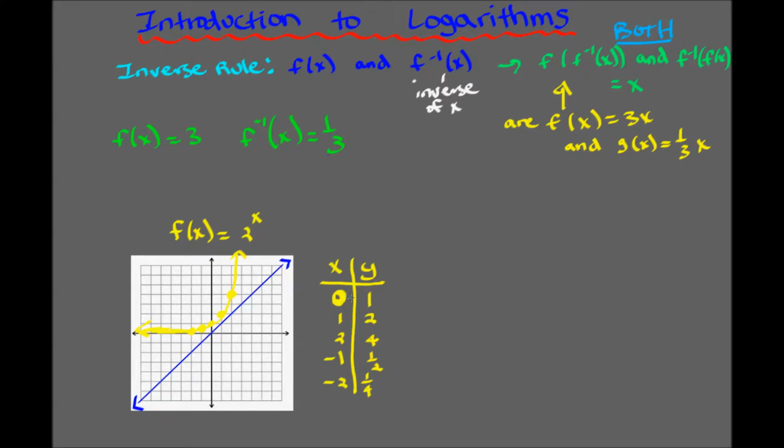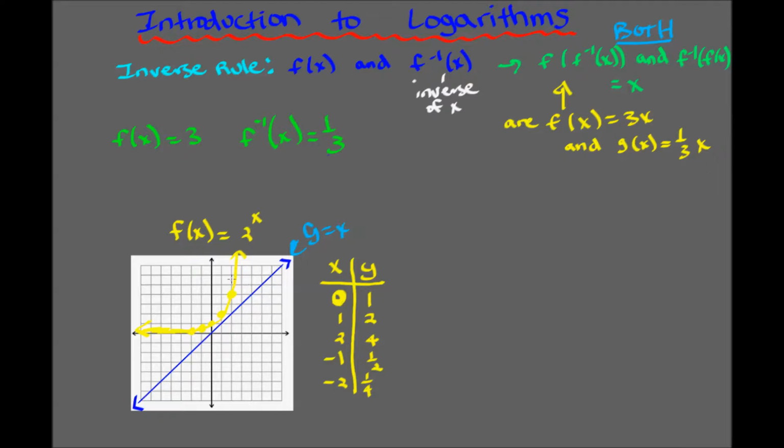I made a table of values, found a bunch of points, and plotted them. I also have this other line, which is y is equal to x. When you find the inverse of a function, basically you're reflecting the function over the line y is equal to x.